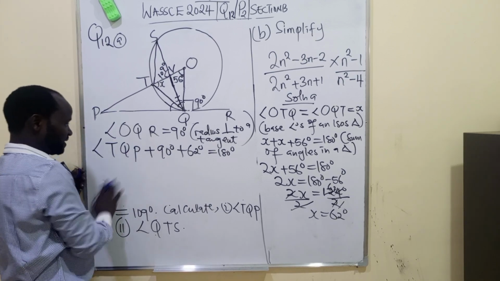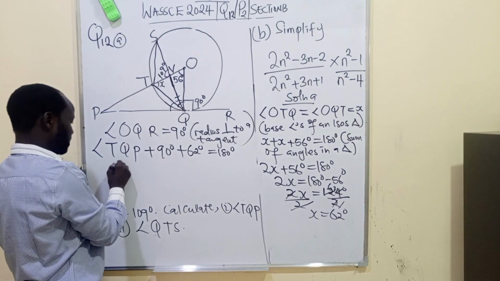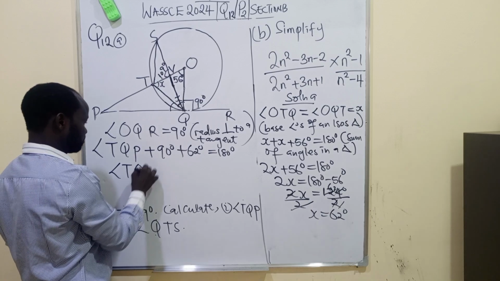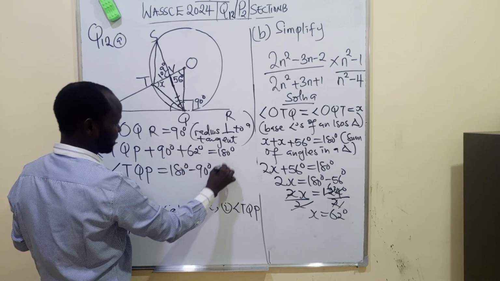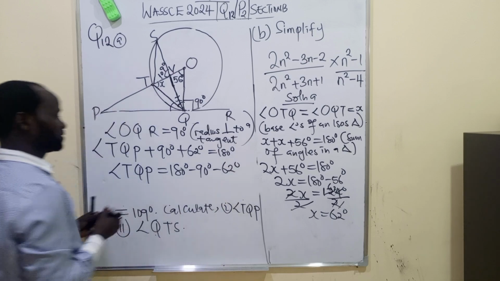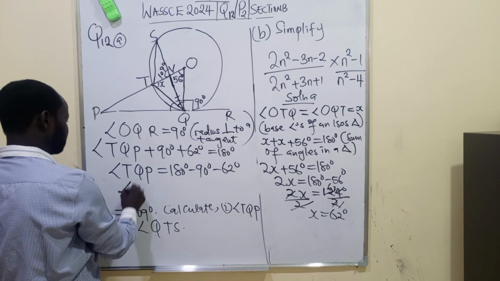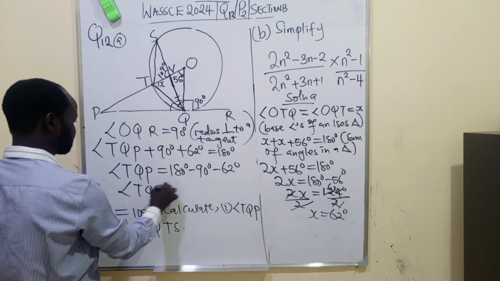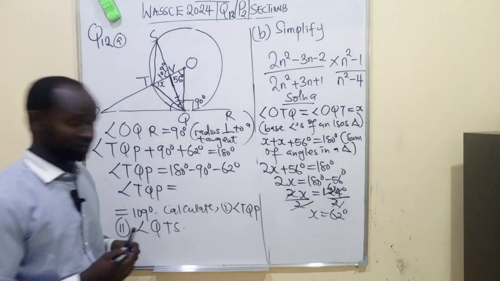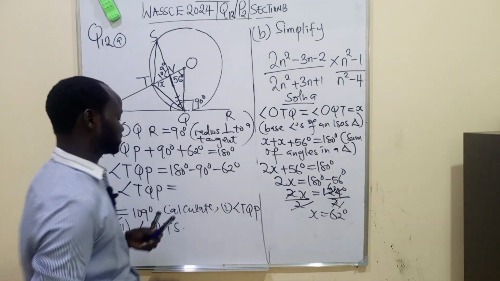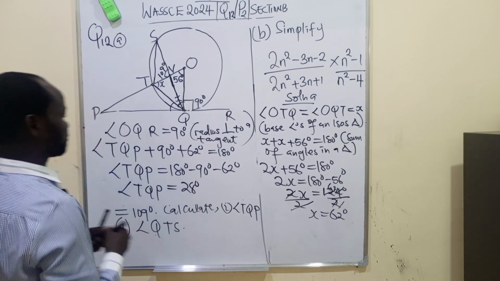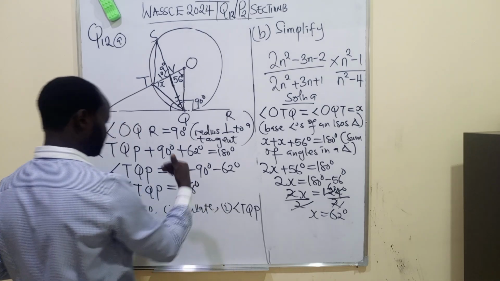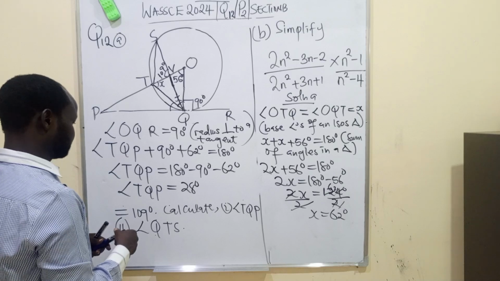So I can easily find the angle at Q now. Angle TQP will be 180 degrees minus 90 degrees minus 62 degrees. Finally, 180 minus 90 is 90, and 90 minus 62 is 28 degrees. So the solution to Roman numeral 1 is 28 degrees.